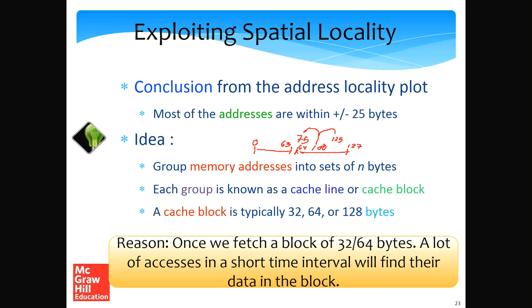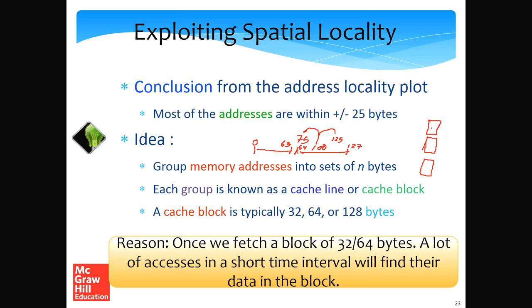So what again is the conclusion from our address distance plots? It was that let us break down our entire memory space into contiguous sets of blocks, where a block is 32, 64 or 128 bytes. And let's treat a block as an atomic, indivisible unit that we fetch from lower levels or displace to lower levels.